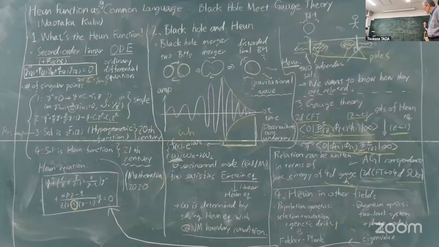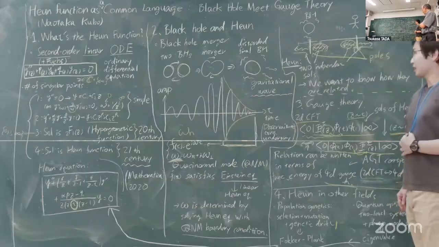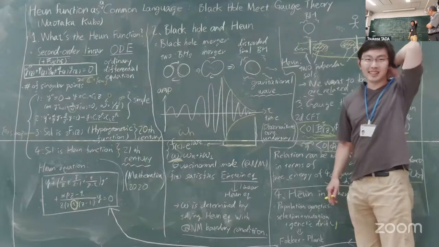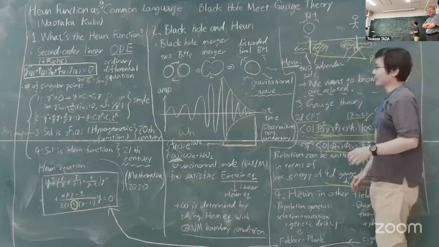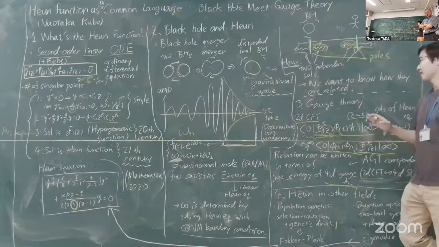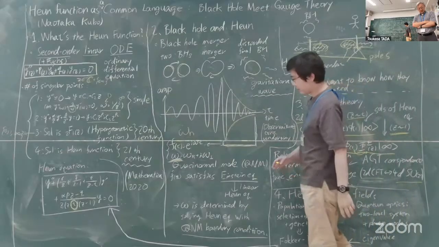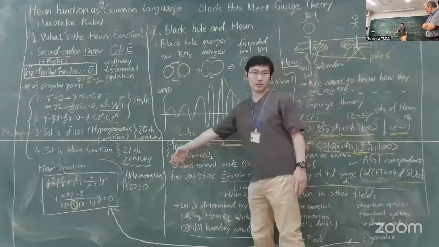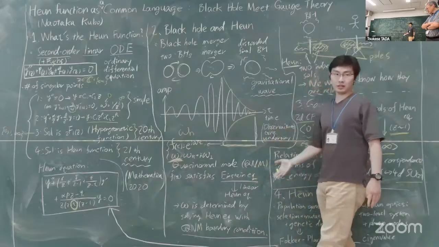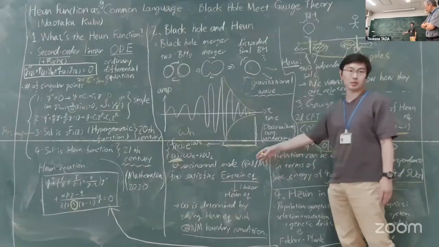Does the cosmological constant change the situation? Actually, that's a very interesting question of what we are studying now. We are considering the Kerr-de Sitter case and taking the flat limit. Anyway, I can say that for both cases, we get a Heun equation.